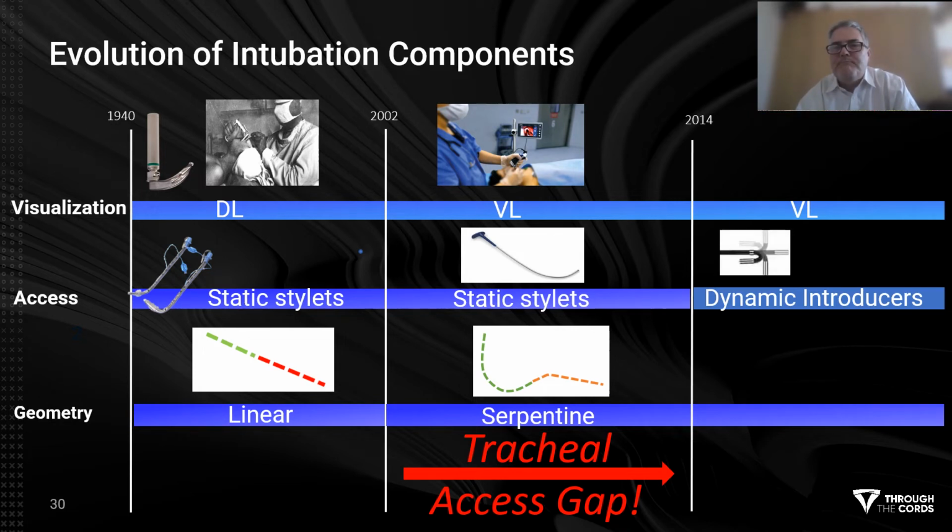The articulating tip of a fiber optic scope and flexible shaft allows steerability through the curves of the airway. More recently, I'm developing a single operator, single-handed dynamic stylet that's purpose-built as a dynamic introducer.